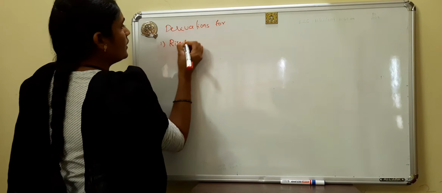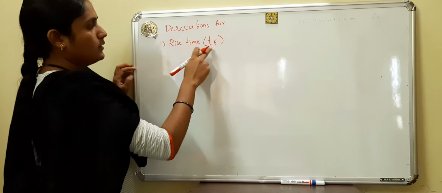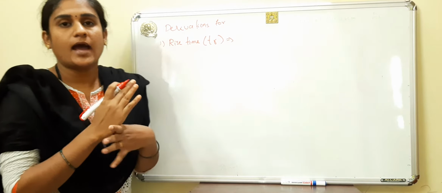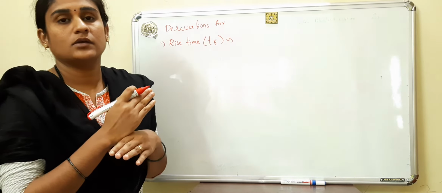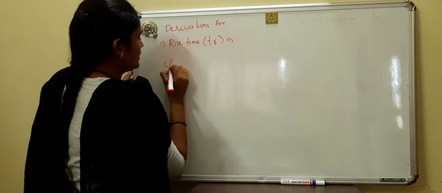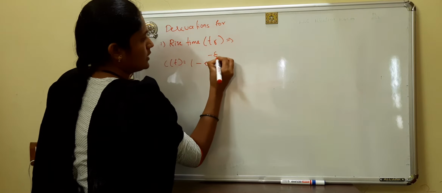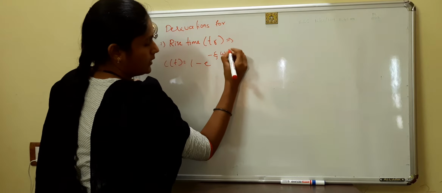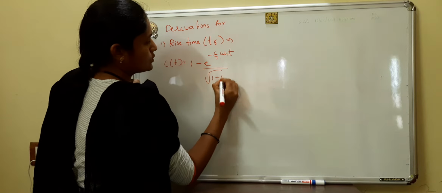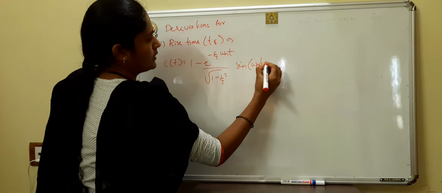We represent it as tr. The output response for a second order underdamped system with unit step excitation, c of t, is given by c of t equals 1 minus e raised to minus zeta omega n t divided by square root of 1 minus zeta square, times sine of omega d t plus theta.